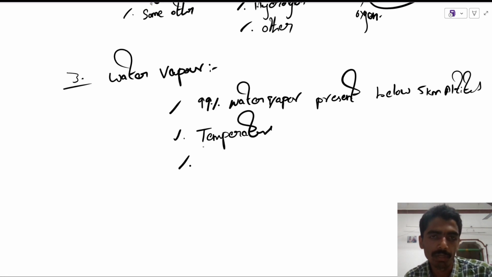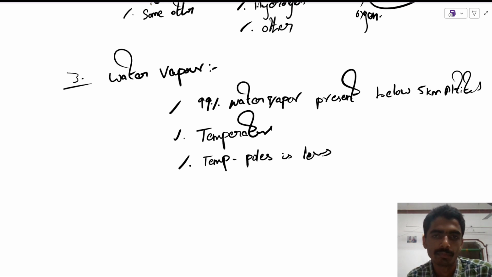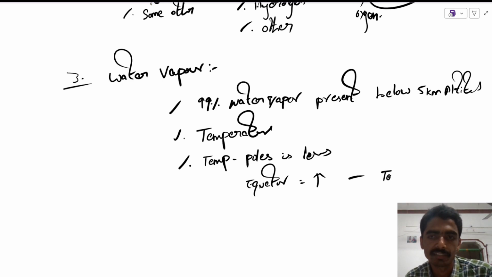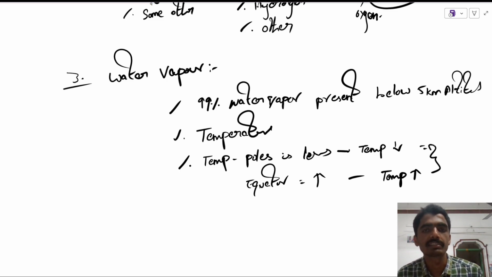At the poles the water vapor is very little, and at the equator the amount of water vapor is high because the temperature rises there, whereas at the poles temperature decreases. Due to all these things, at the equator the water vapor quantity is very high.